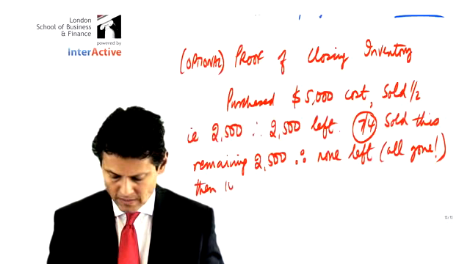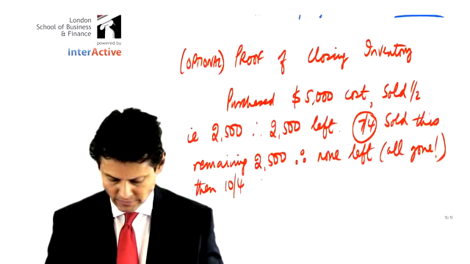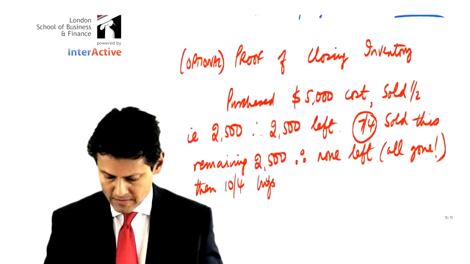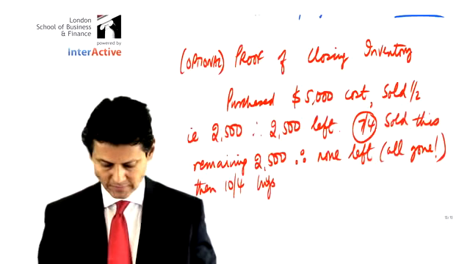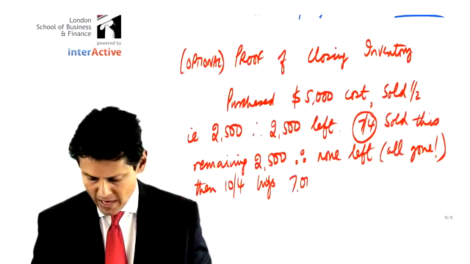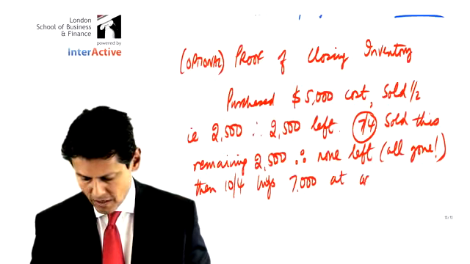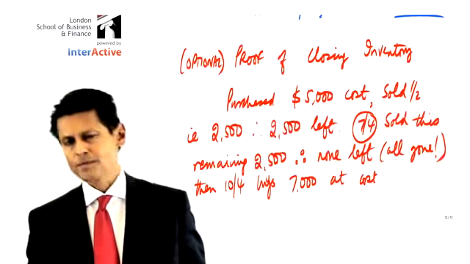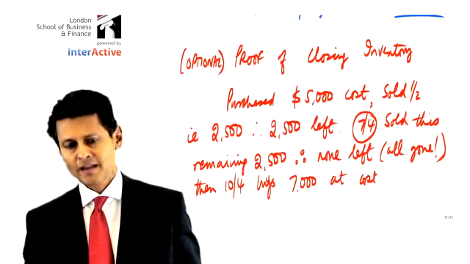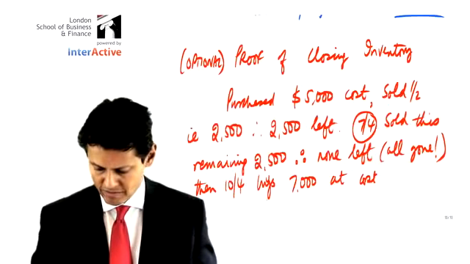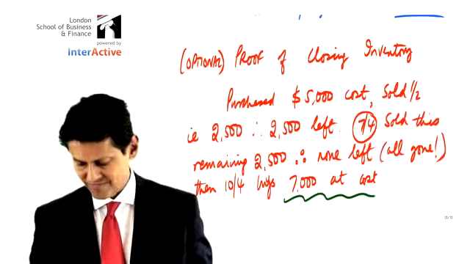Then, on the 10th of April, he purchases 7,000 at cost. What was that closing inventory? You've got it. It was 7,000. So that brings us to the end of this little exercise. It took a bit of time, but it is the fundamental skill in this entire syllabus.